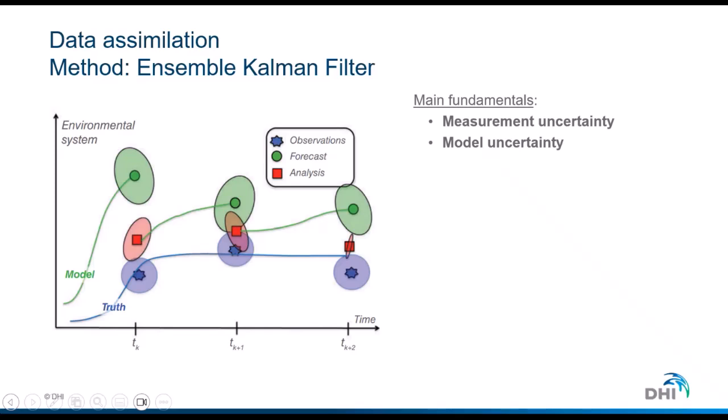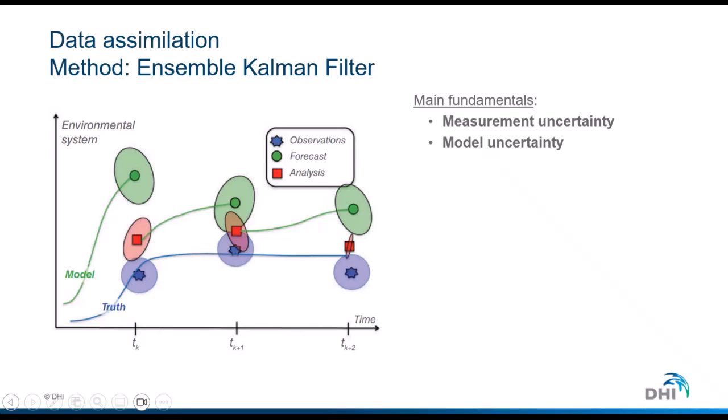And this method is based on some fundamentals, which I'm now just going to drop on you. I do that to give you some insight into what the method is based upon and what it takes from the modeler when we are setting up the data assimilation routines. I just hope you will accept these fundamentals for now, and if you are interested, you can dive into the theory behind it at a later stage.